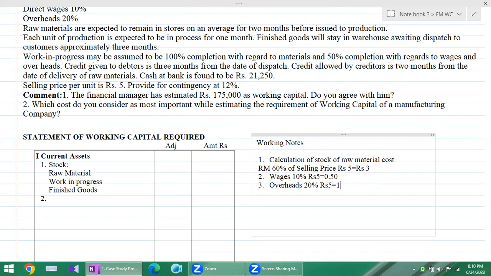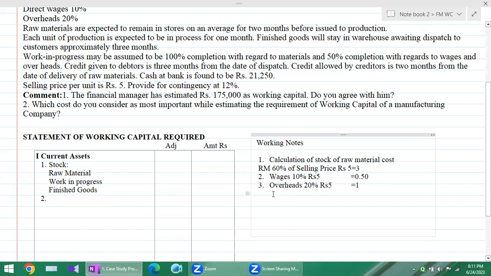See now, how much did you get here? I'll take the total so that you will get to know. The total, how much did you get? 3 plus 50 paisa plus 1 rupee. Total you get 4 rupees 50 paisa.